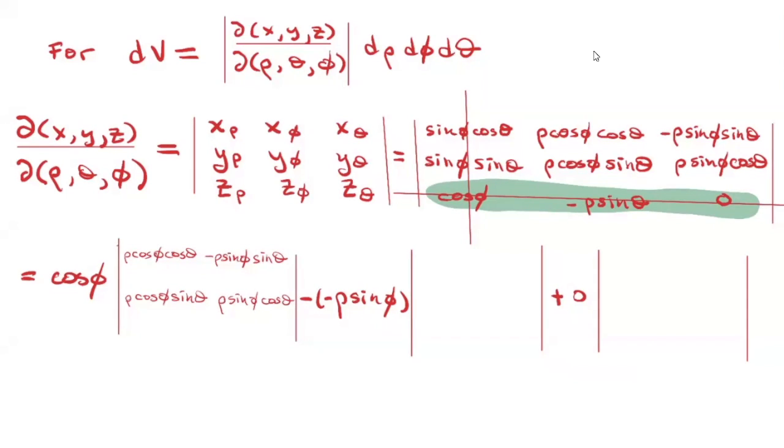Next, for the second column where I have that negative rho sine phi there, I just have to block out the middle column on this one. So I'm going to, again, give myself a little bit of space here, because this one looks like it's going to be a little bit large also. Okay, so I'm blocking out that middle column. I'm going to have a sine phi cos theta here.